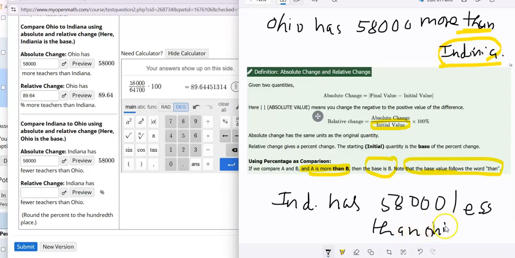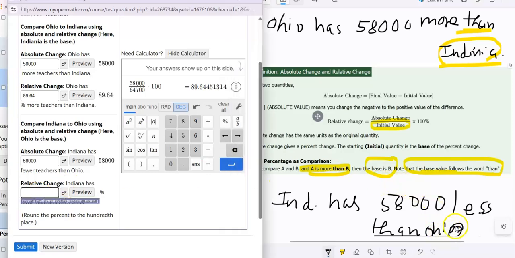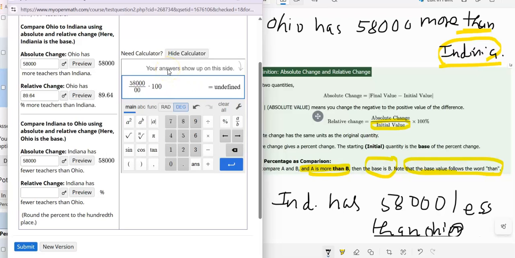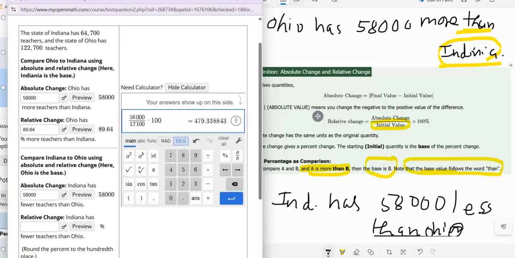Remember that Ohio here is the word that follows the word than. So to find the relative change, the base value, which is the initial value, is the Ohio teacher population. I'm going to do the same calculation, everything is the same except I'm changing the denominator: 122,700.